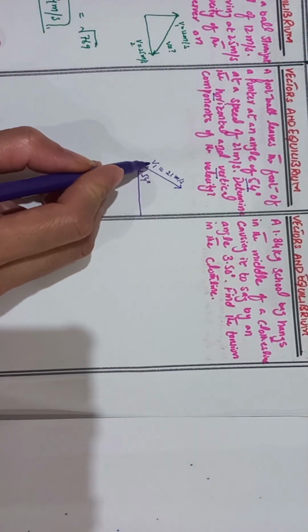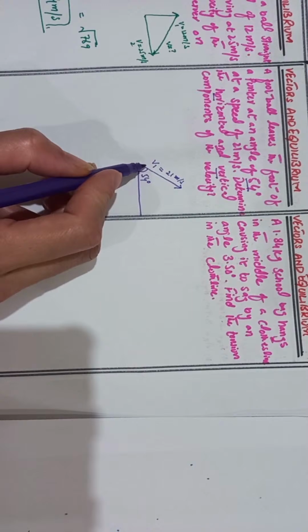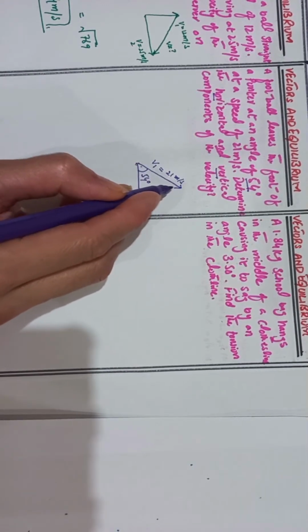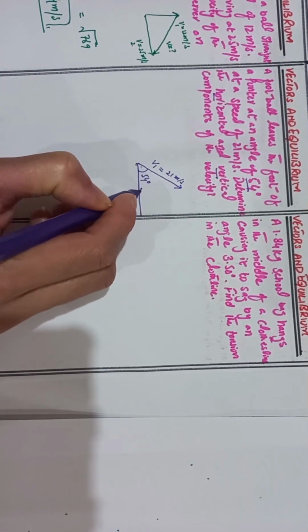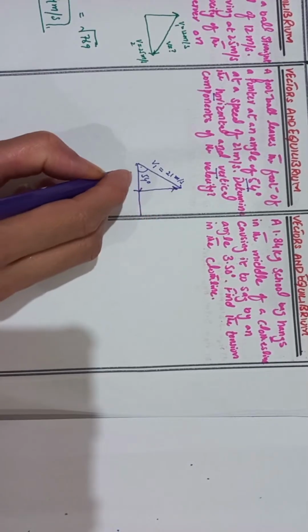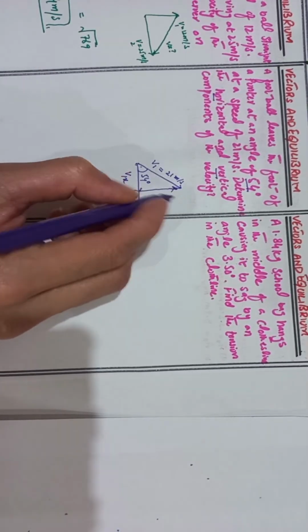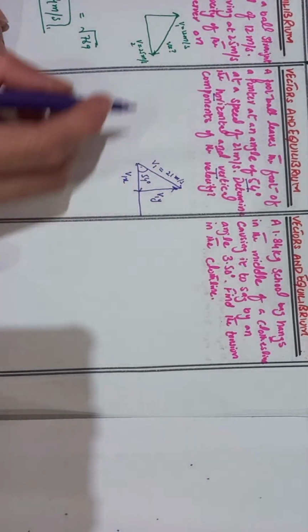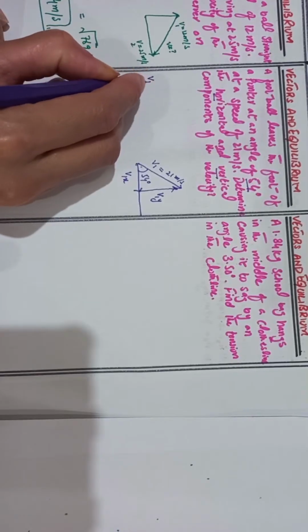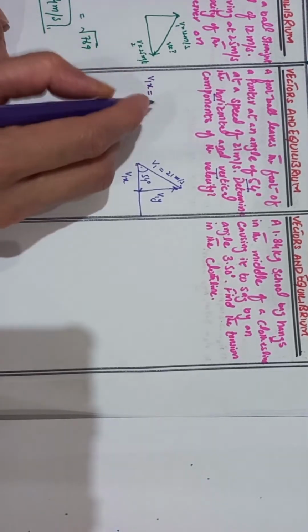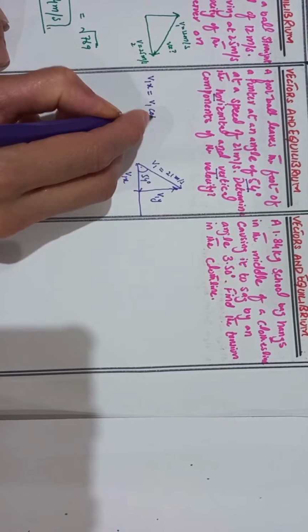Now we resolve the velocity v1 into two components: v1x, the horizontal component, and v1y, the vertical component of the velocity v1. Now how can we find the horizontal and vertical components of the velocity? We know the formula of the horizontal component of velocity is equal to v1 cos theta.